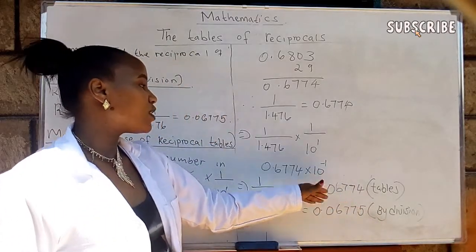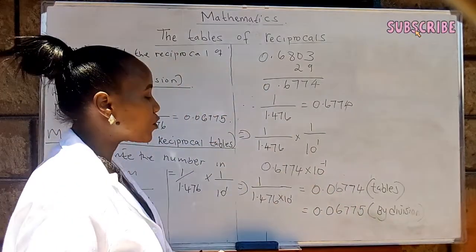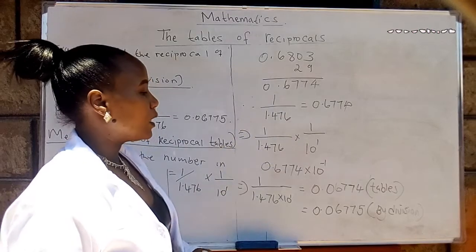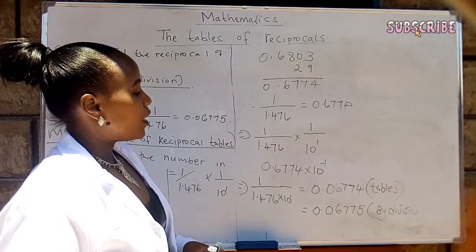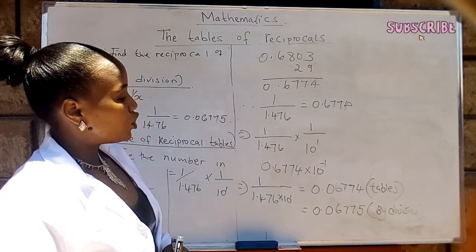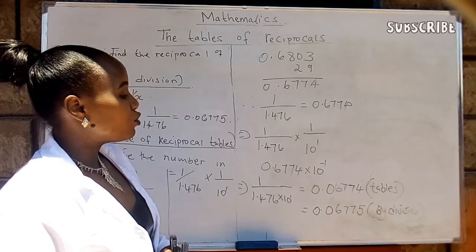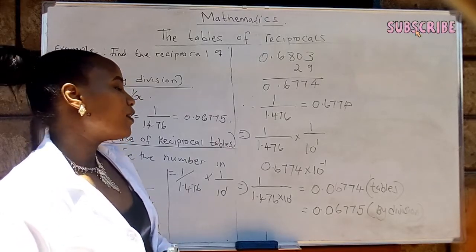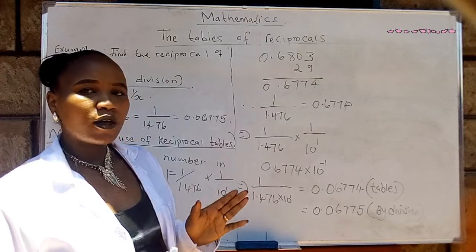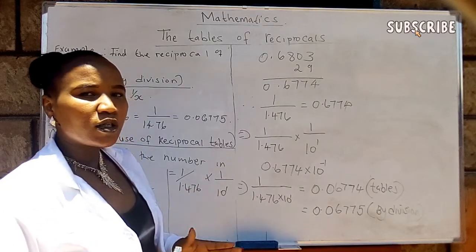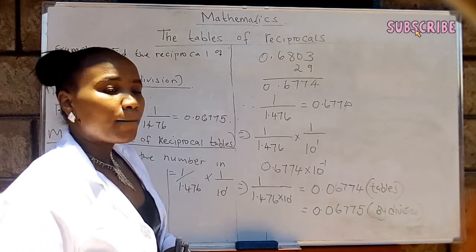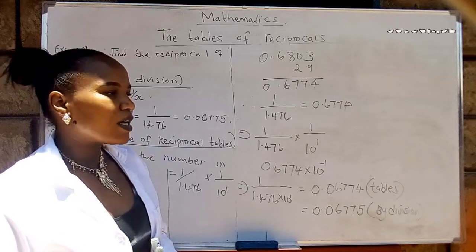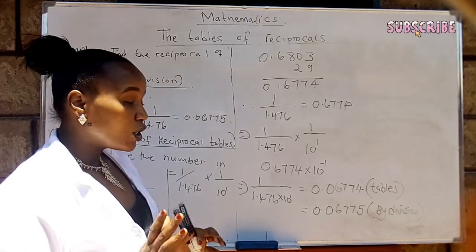Again, when you are using the tables, there are steps that need to be followed, and from your working, your tutor will be able to know whether you used the tables or the division method. So if the question requires you to use reciprocal tables, please do adhere to that and use reciprocal tables.